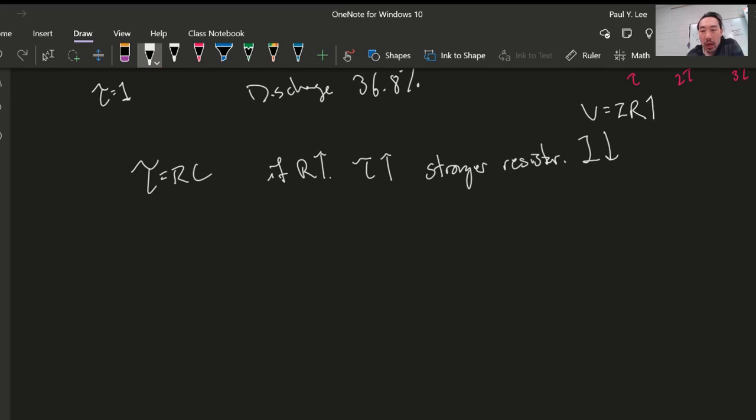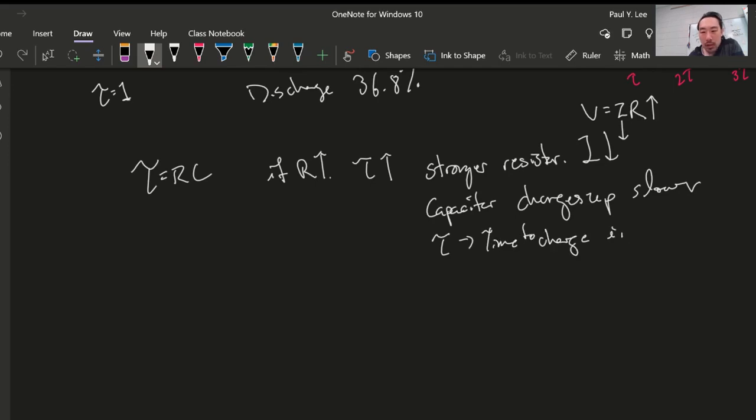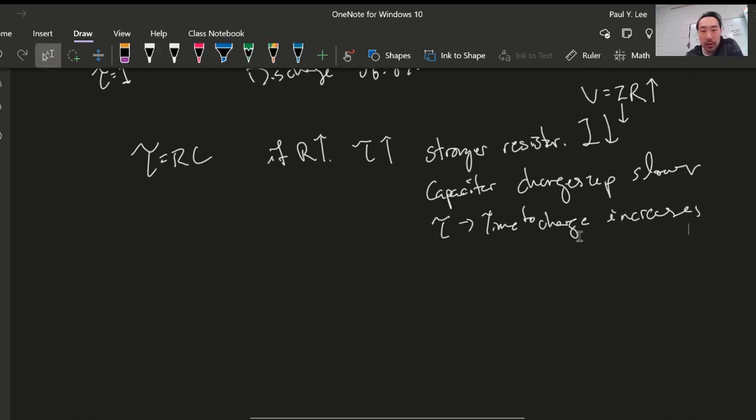If R goes up, I has to go down, which means the capacitor charges up slower. Tau is how long it takes, so the time to charge increases. The inverse is also true.